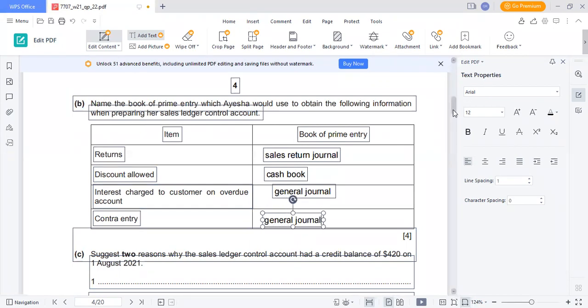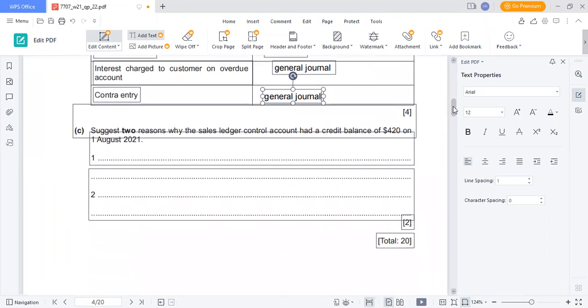Moving towards part C. Suggest 2 reasons why the sales ledger control account had a credit balance of 420 on 1st August 2021. So there could be a reason that the customer has bought something and returned the item, and we haven't paid them that amount.